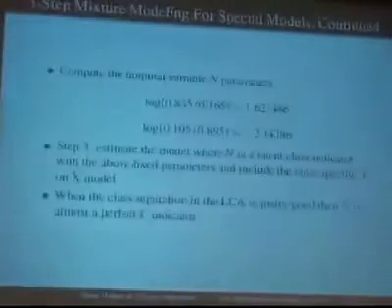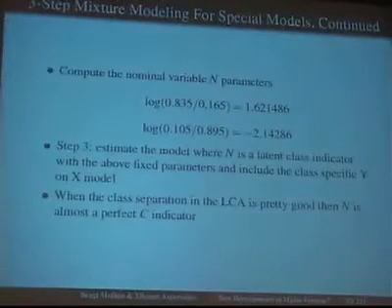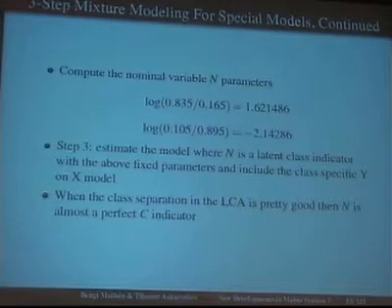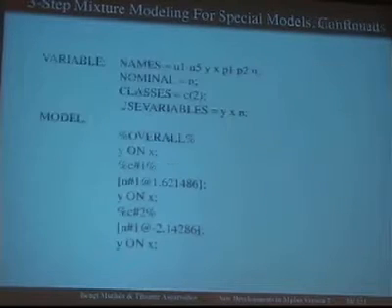So if you have more than 2 classes, then basically you're going to have to compute the log odds ratio. This table is going to be 3 by 3 here. And you're going to look at the log odds ratio between the first class and the last class, and then the second class and the last class. So you're going to get 2 parameters that way in class 1. And then in class 1, you're going to have to put these values right here.